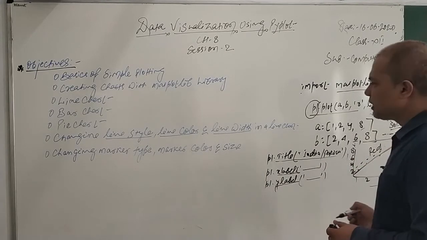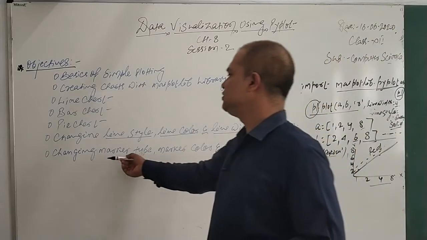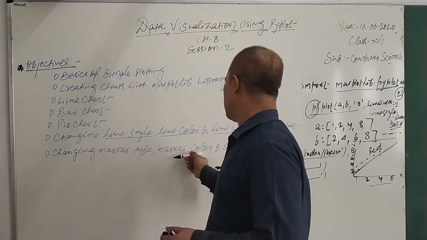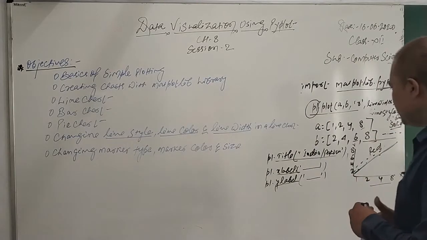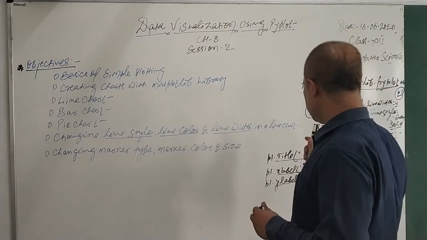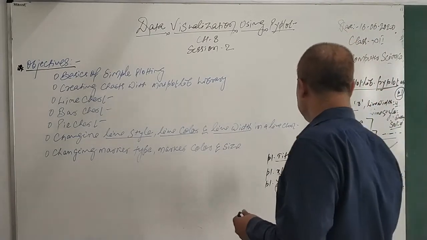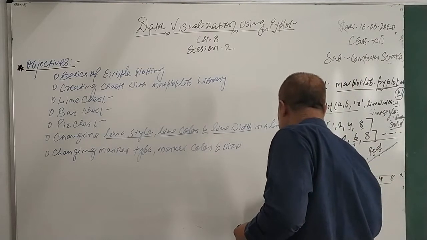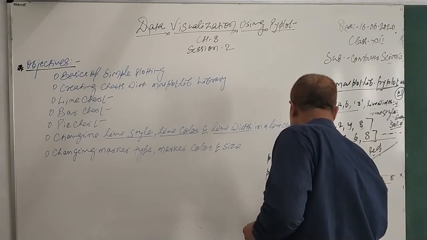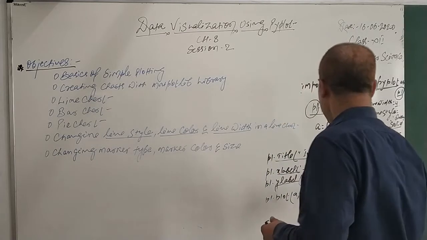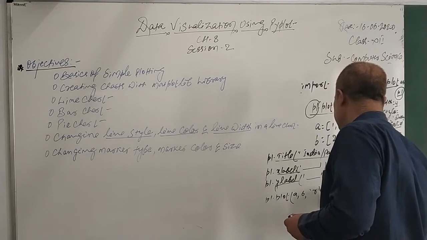Now we have a marker also, like changing the marker type, marker color and marker size. We have all these options. To change it, simply under the same, like we have PLT or PL dot plot, and inside it there is A comma B, and then if you want a color you can say color.